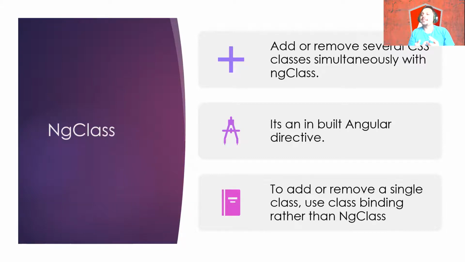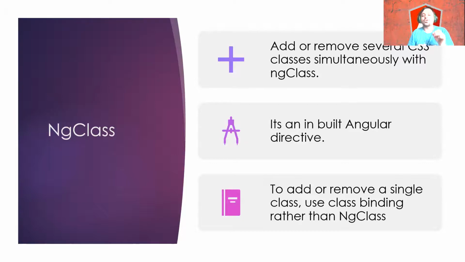There might be scenarios where 4, 5, 6 classes are available with you, and based on certain scenarios you need to apply certain classes to your DOM element. Whenever you are going to perform operations on 2, 3, 4, 5 or more CSS classes based on conditional statements, you should go ahead with NgClass.